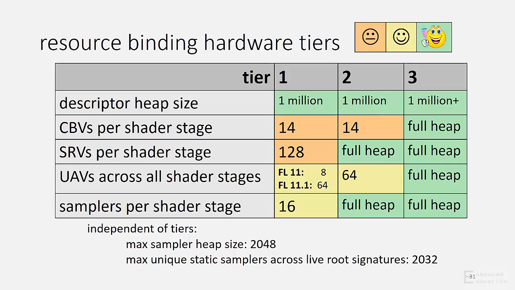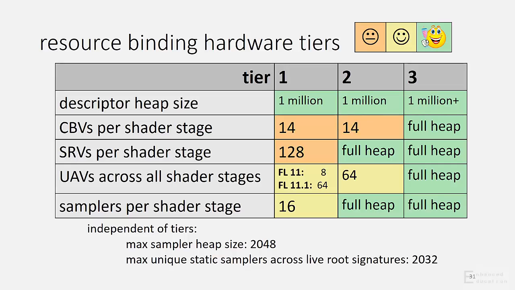For the hardware at the higher tiers that support full heap for the number of descriptors per shader stage, this is an indication of hardware that truly implements descriptor tables as just a pointer into the descriptor heap, and the hardware is able to index off that pointer all the way through the entire size of a descriptor heap.